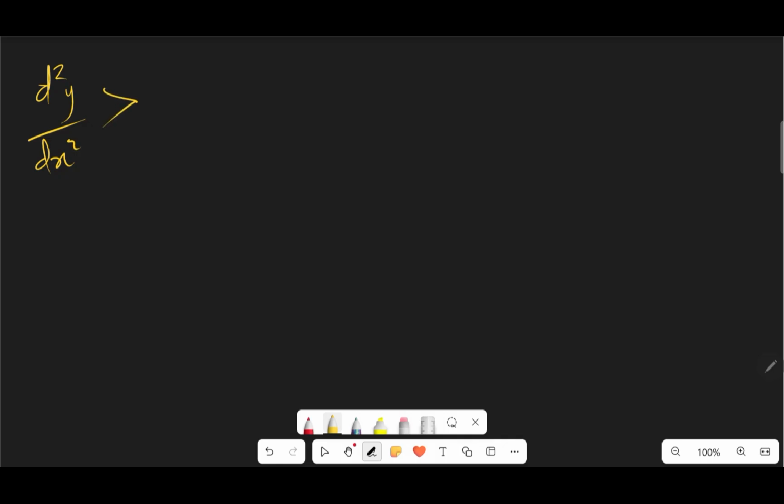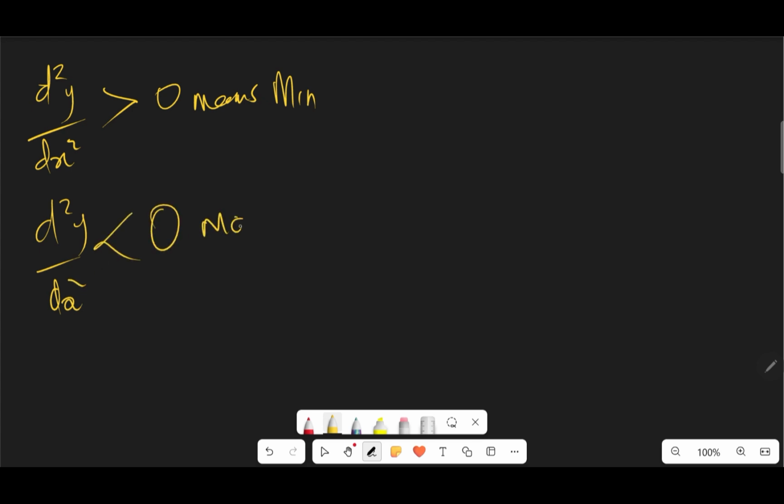If d square y over dx square is greater than 0, it means that it is minimum. Take note. And if d square y over dx square is less than 0, it means that it is maximum.